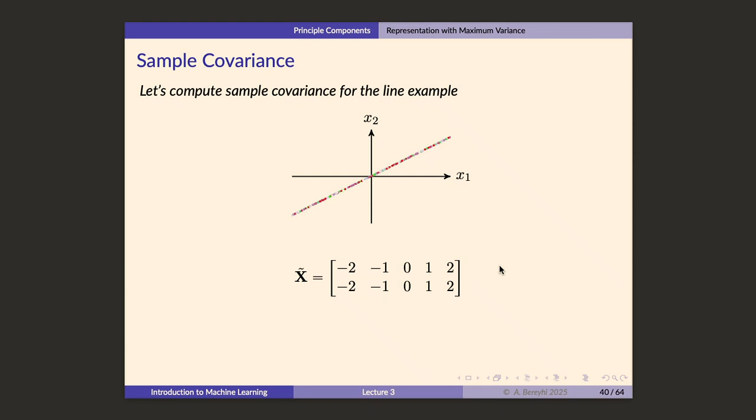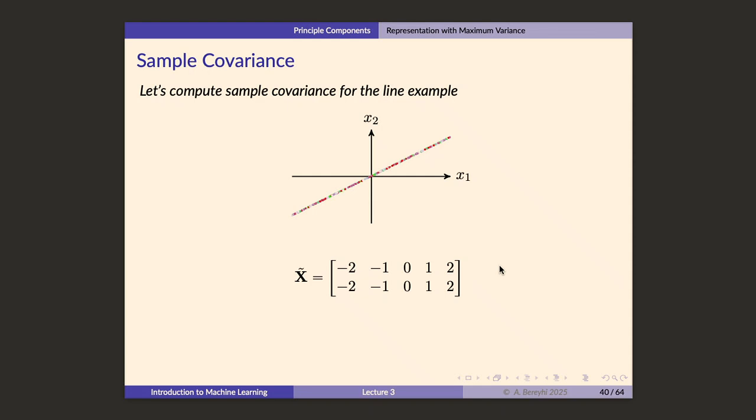Okay? If I want to make my x tilde, can you tell me what is the x tilde? Now let me just forget about this minus 3, right? I have just these points. What is the first unbiased point, starting from here? Minus 2, right?